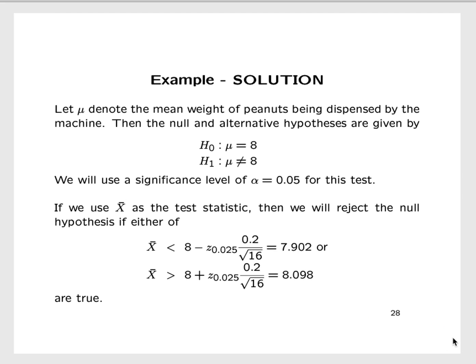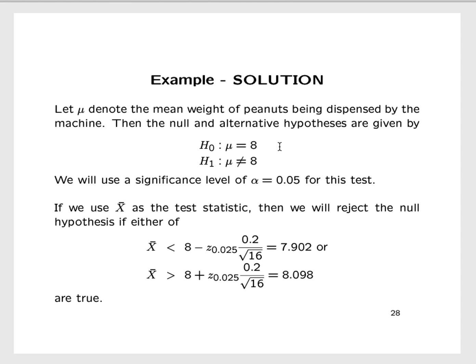The first thing we need to do is define the notation we'll use in setting up the hypotheses. I'll let mu denote the mean weight of peanuts being dispensed by the machine. The null hypothesis is that mu is equal to 8, and the alternative is that mu is not equal to 8.